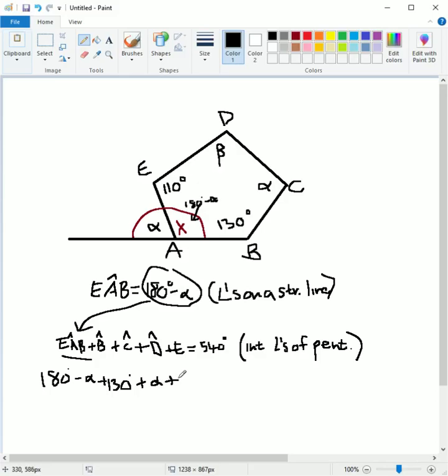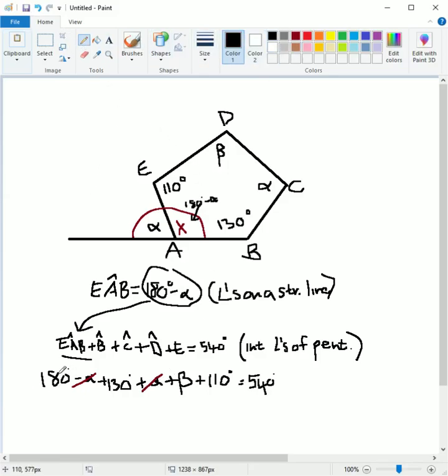D is going to be our beta value, and E is our 110. So when you add all of these angles together, you get your 540 degrees. Okay, the next thing we're going to do is simplify all of this. On the left hand side, we have some like terms. You see alpha, this is a minus alpha and this is a plus alpha, so they will cancel each other out.